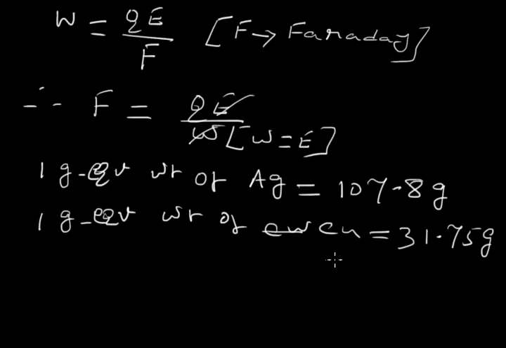Because the atomic weight of copper is 63.5 and its valency is 2. So the equivalent weight is 63.5 divided by 2.